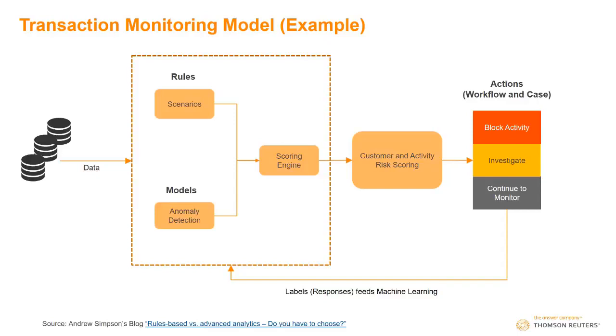You can decide if you want to block a transaction, if you want to route it for investigation, or if you want to just log it and say there's a potential issue, but the risk level is not sufficiently high for me to do more than just continue to monitor it. So those are some of the different approaches that you can take, and not all continuous monitoring models look the same, but this is one potential model that you can consider. Okay.